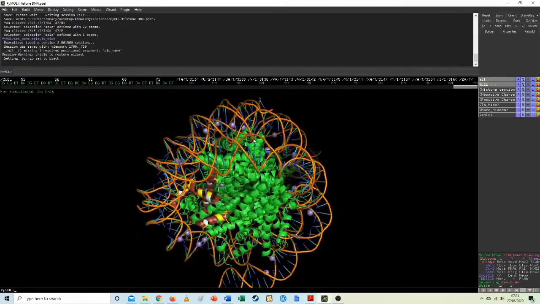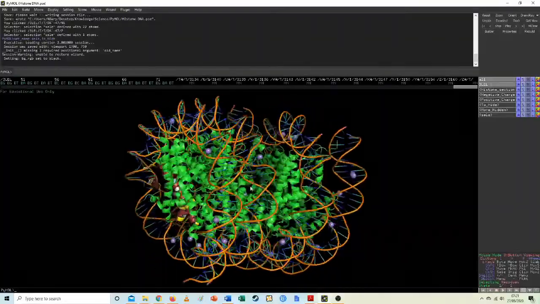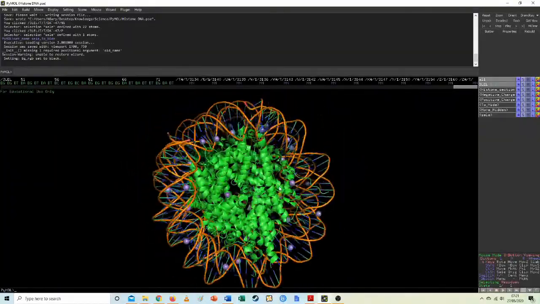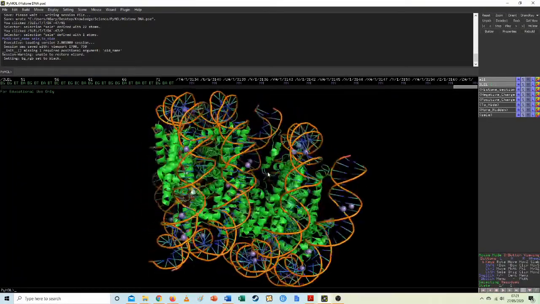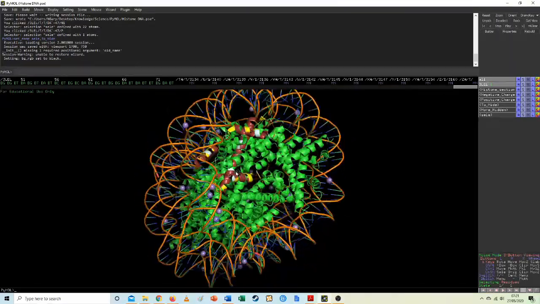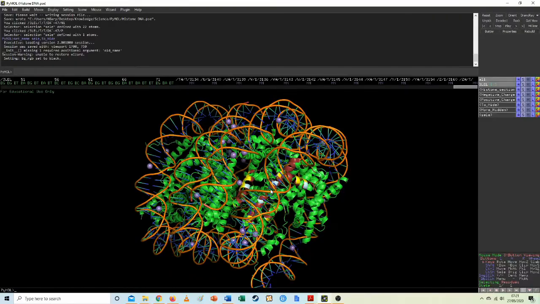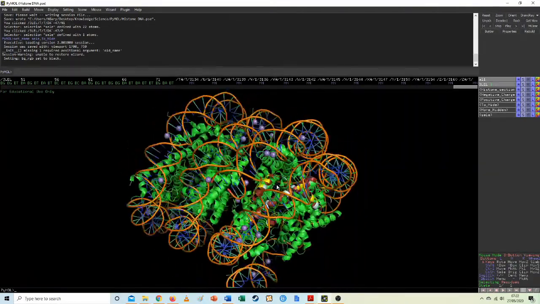You wouldn't see these, I don't think, in vivo. I believe they should be magnesium ions in vivo. But essentially those ions are there to help stabilize the DNA structure.